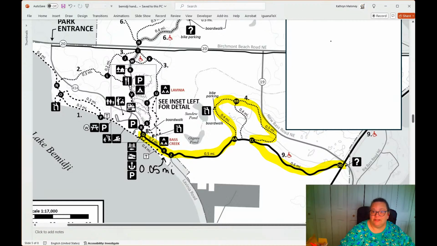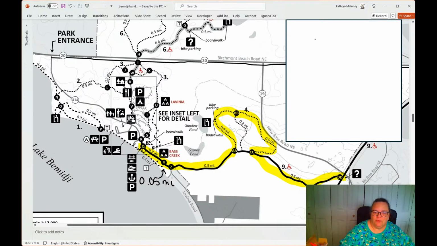All right, so let's start putting some stuff together. We're going to start at Q. This is where we're starting. So from there, we have 0.3. Then we're going here, Y to Z, and I just decided that's 0.05. Very, very short path there. Now we're going to walk 0.5 miles.